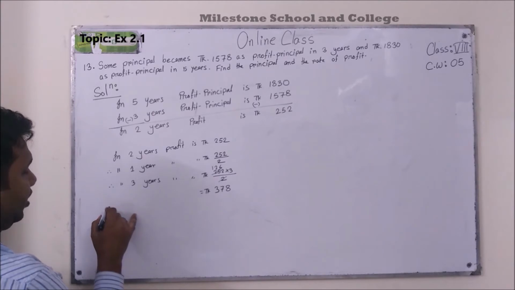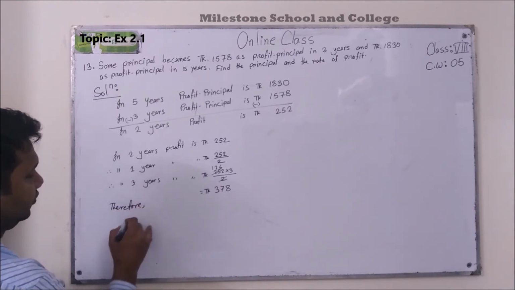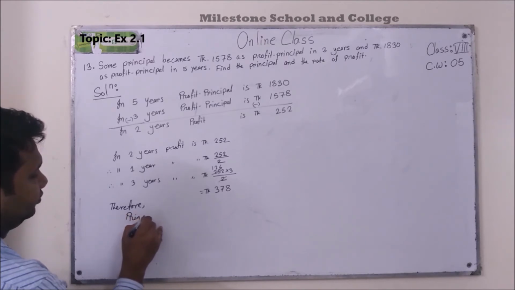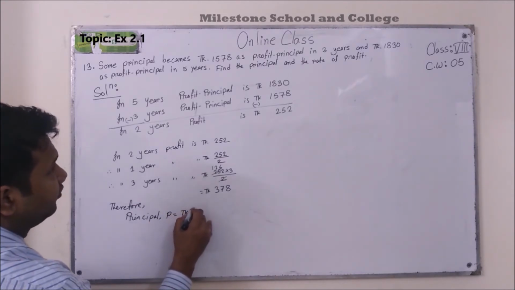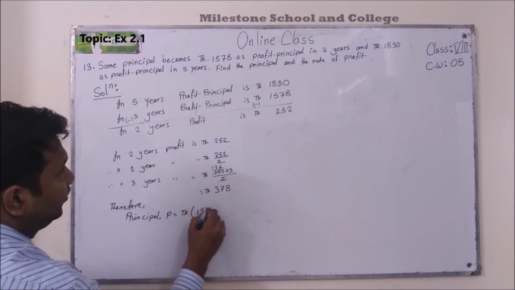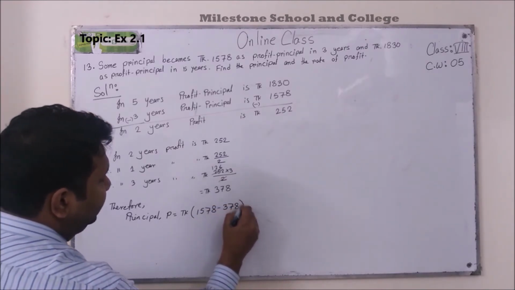Therefore, principal P equal to taka 1578 minus 378. What did we do here?